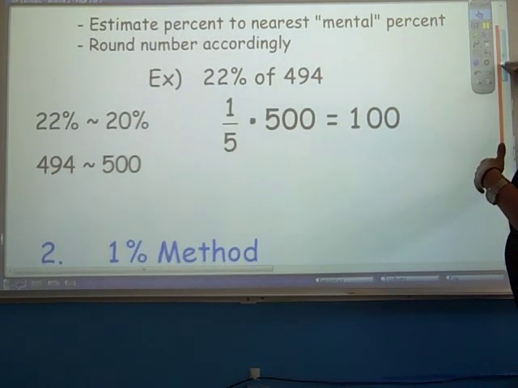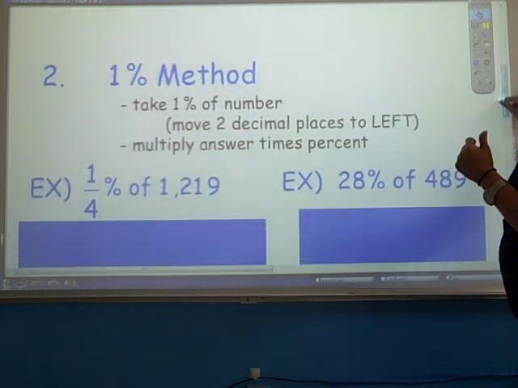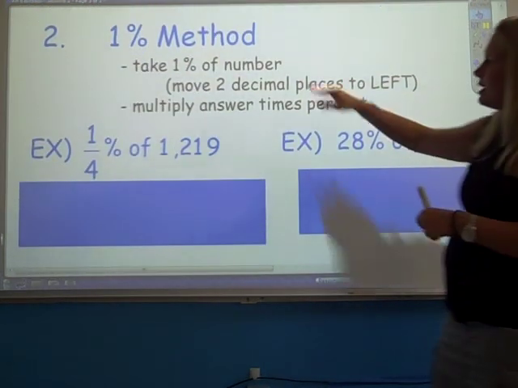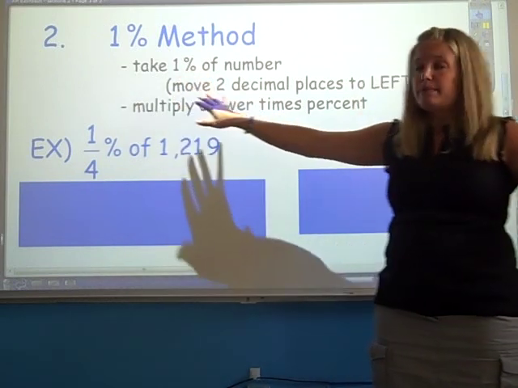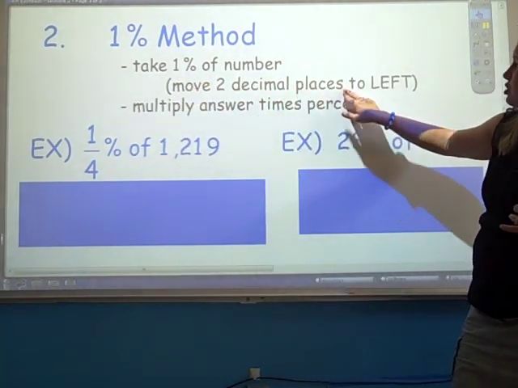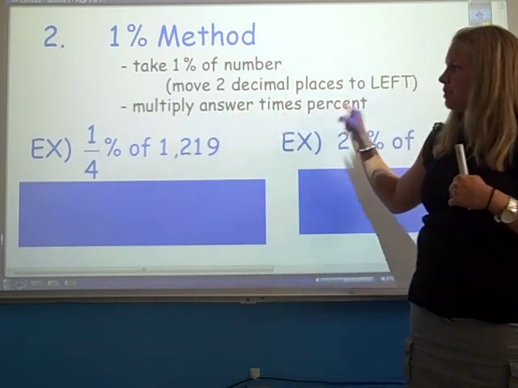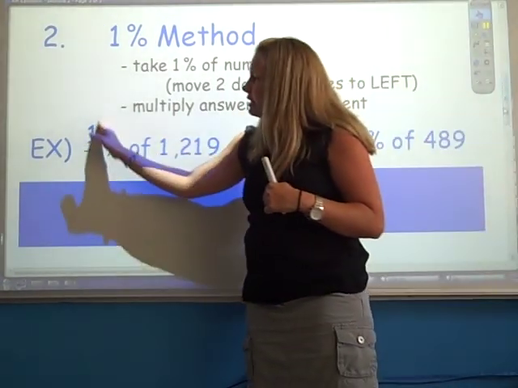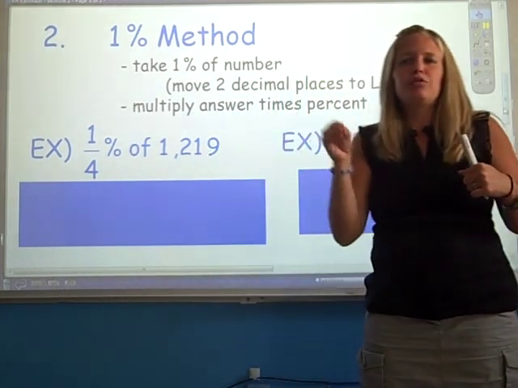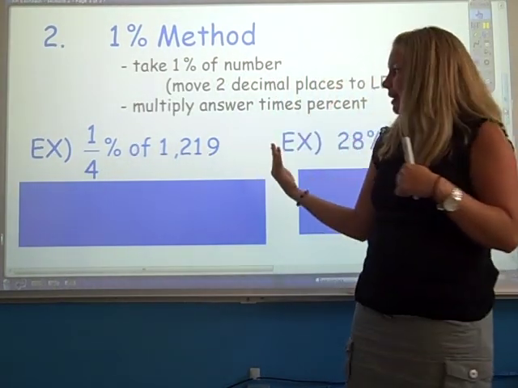The other way that we're going to be working on in class is the 1% way. Take 1% of the number, which I just talked about, means you're going to move the decimal place 2 to the left. And you multiply the answer times the percent. See how this is a really small percent, 1/4 of a percent. You don't even have 1%, you have less than that.